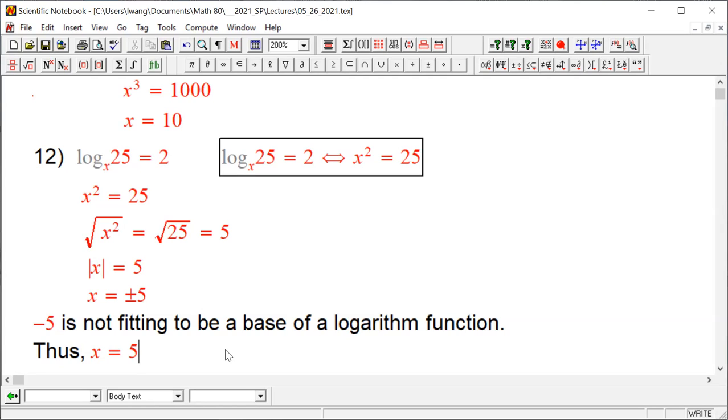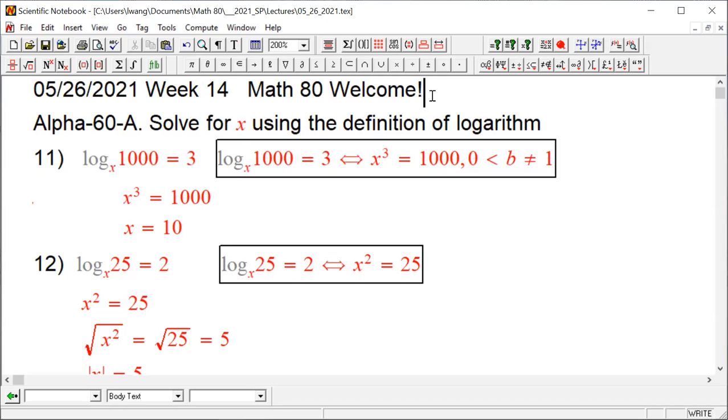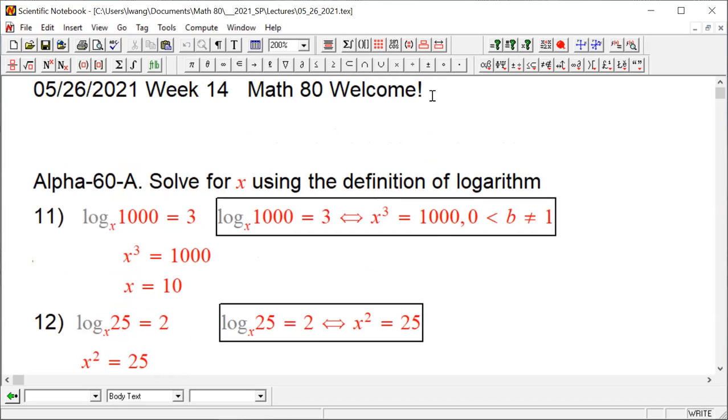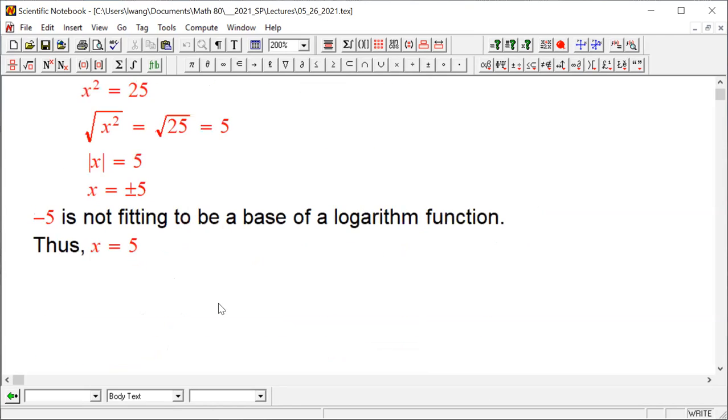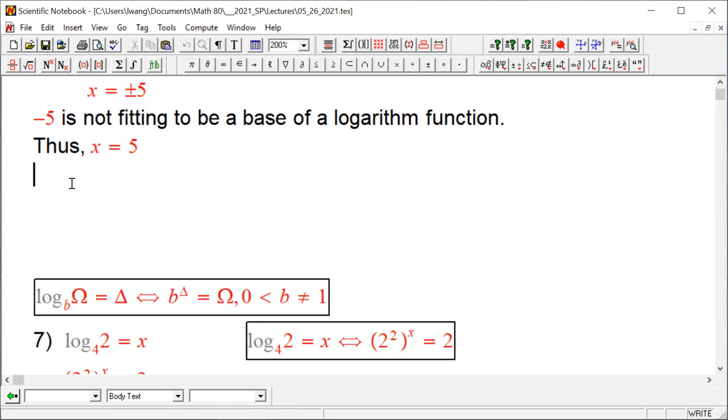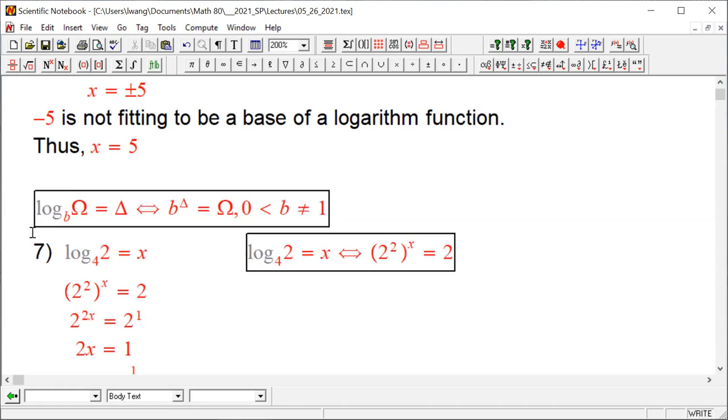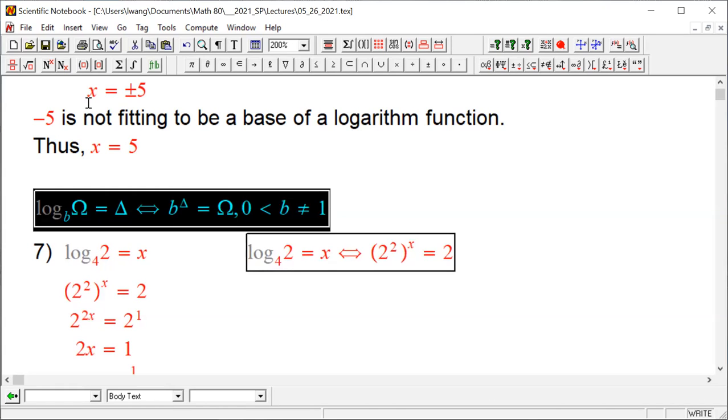All right. So we have 4 more in this section. 13, 14, 15, 16. Okay. Are we ready? All right. Let's do it. Of course, we still have the definition. I'm still going to carry the definition.